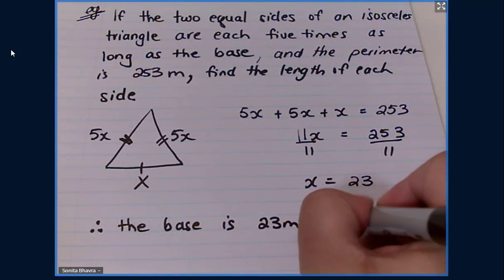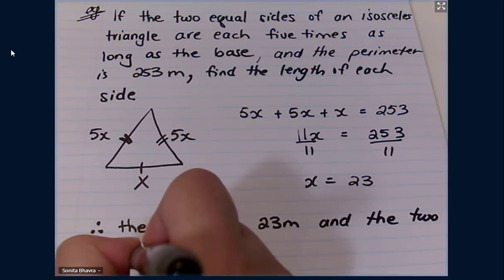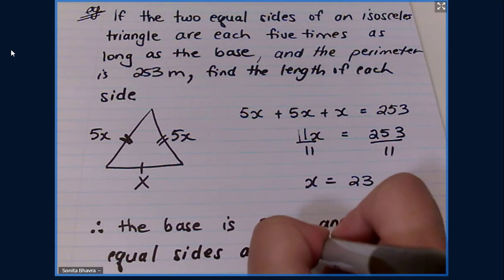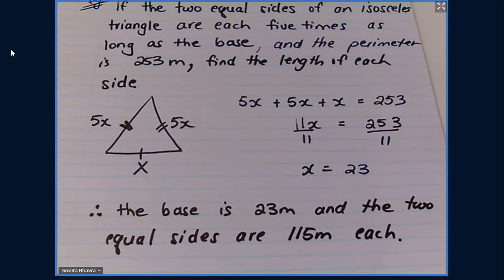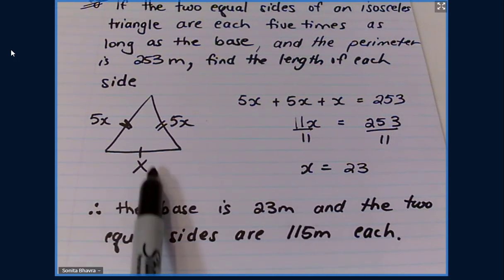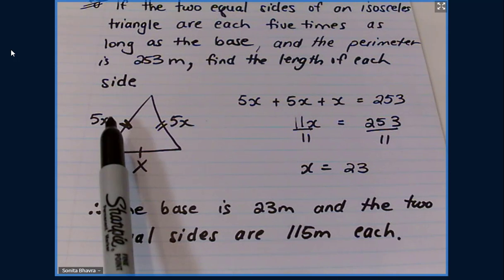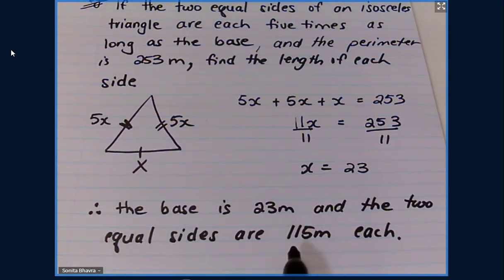So the two equal sides are 115 meters each. Again, the base was x, that's why it's 23 meters. The two equal sides are 5 times x, so 5 times 23, so 115 meters each.